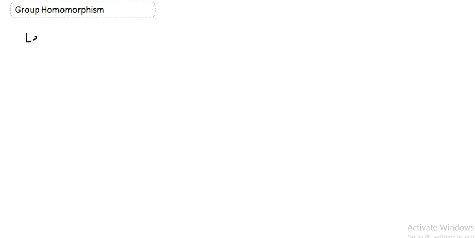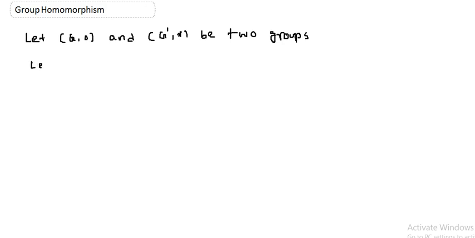We have two groups. Let G with one composition and G dash with another composition be two groups. Now suppose we have a homomorphism, so let phi from the group G to G dash be a homomorphism.